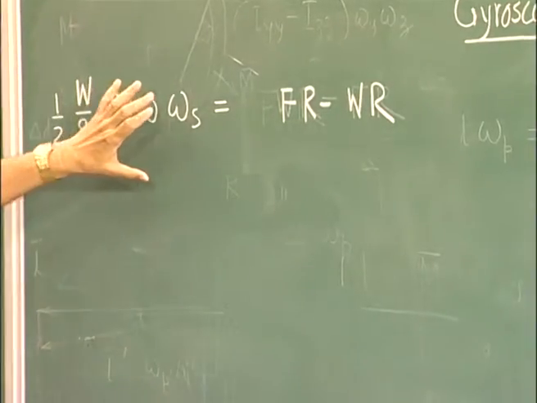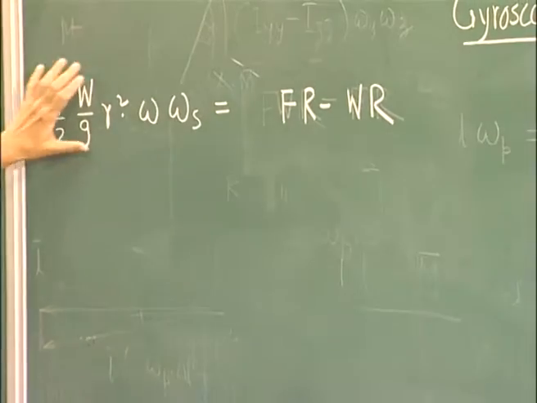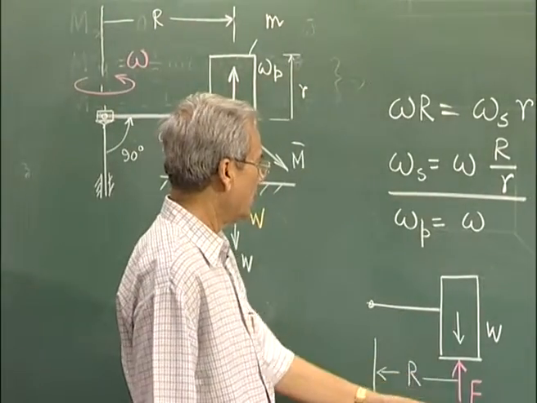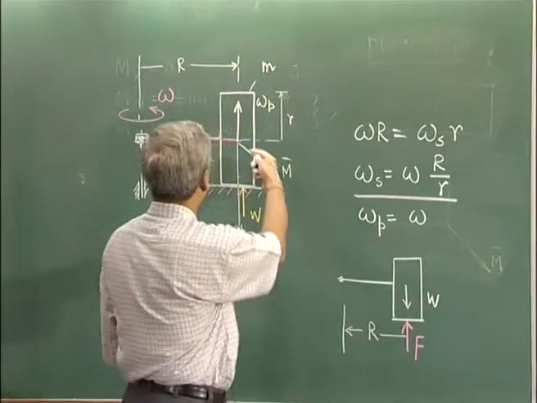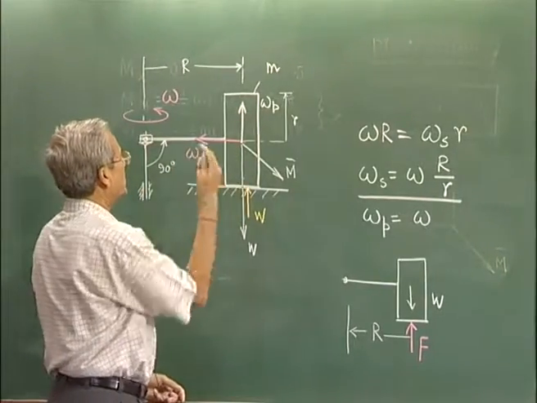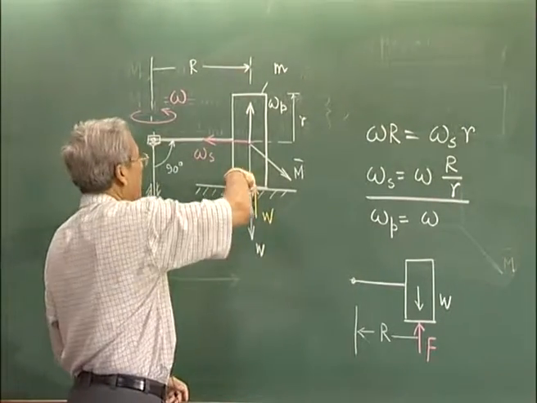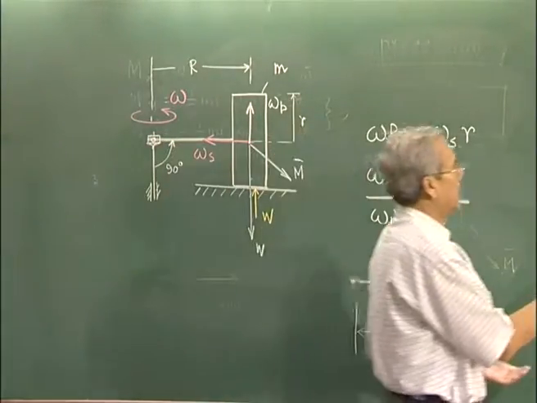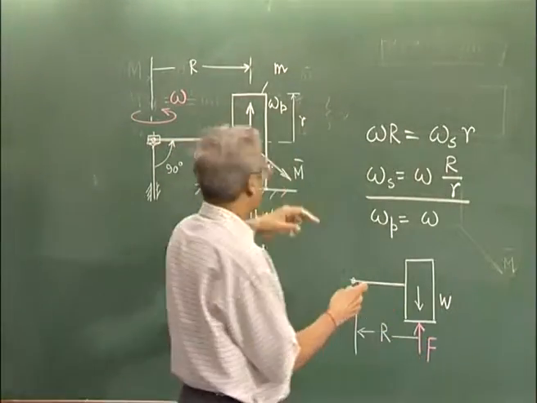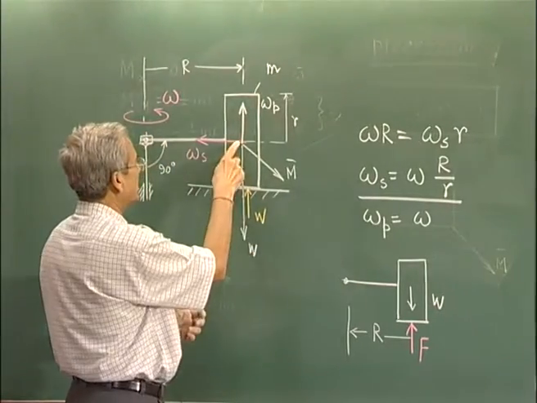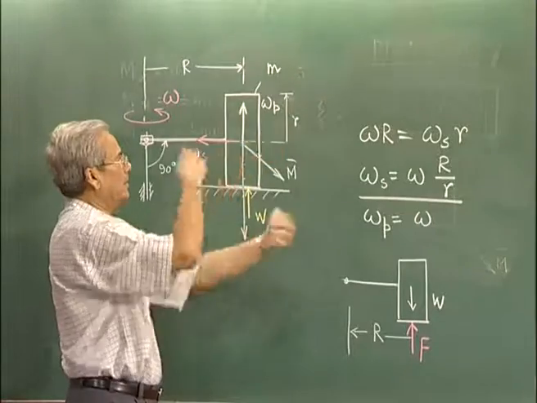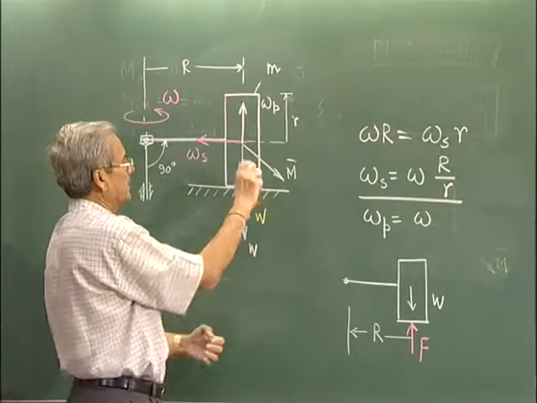So, what I have been telling just now is that this is the magnitude of the gyroscopic moment which must act on this to have this motion, that angular spin in this direction and a precessional motion in this direction. And following the condition as mentioned earlier, the moment must be acting about an axis like this.